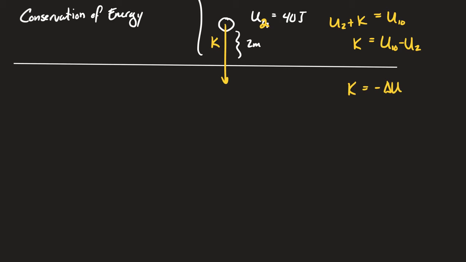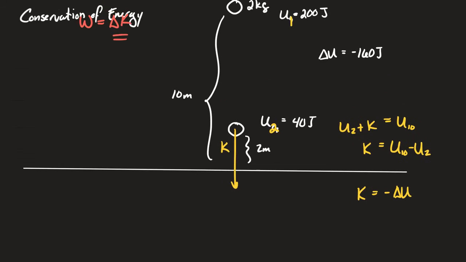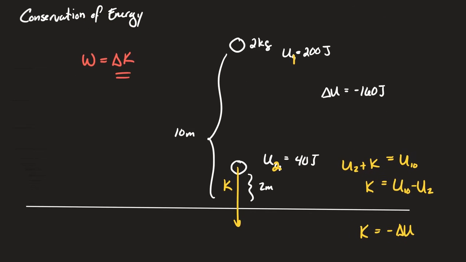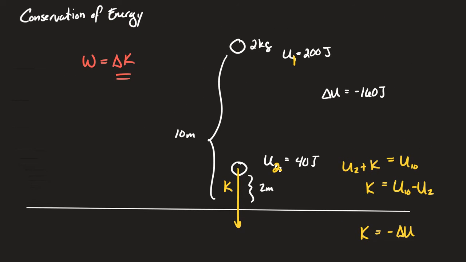And since work, again, is defined as a change in kinetic energy, this will also represent the work done. Now, none of this is a surprise. All of this is a consequence of setting a reference level at the ground and determining the potential energy and the kinetic energy based on that.